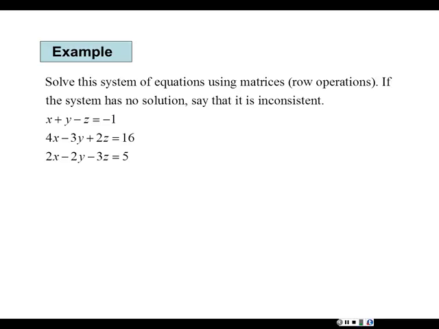Now what is next? The next objective is to make the column 1 third element 0, because we want this to be 0 right now. To make it 0, what are our options? You might have multiple options, but choose one.